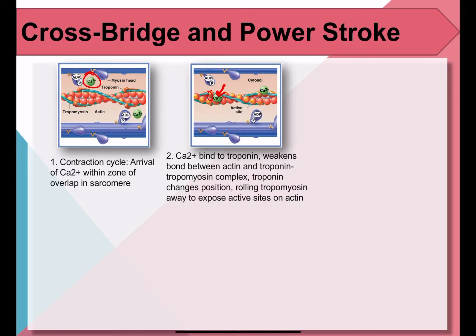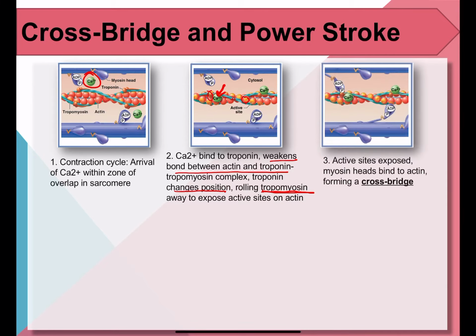Troponin then weakens the bond between actin and the troponin-tropomyosin complex. Okay, troponin changes its position, rolling tropomyosin, this green thing, away from the active sites on G-actin. So you see this yellow dot right here? That yellow was not present before because the green line is blocking all along those active sites on each of those G-actins. When it's rolled away, you reveal all those active sites, the yellow spots on each of those red spheres of G-actin.